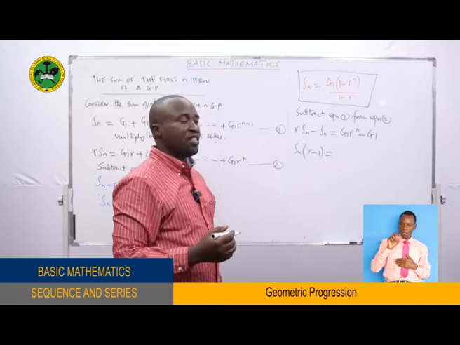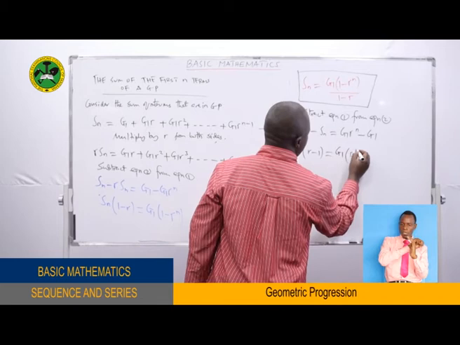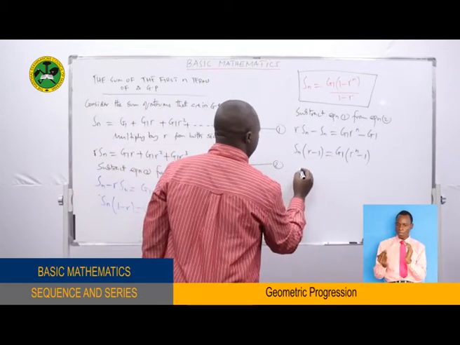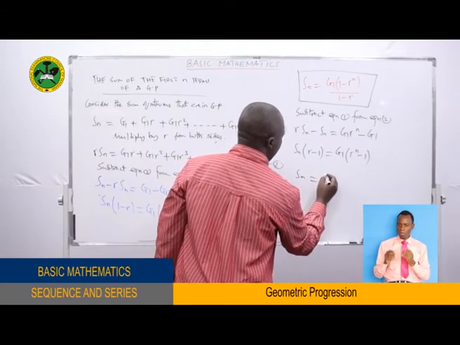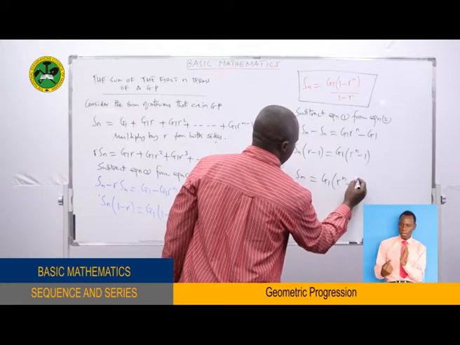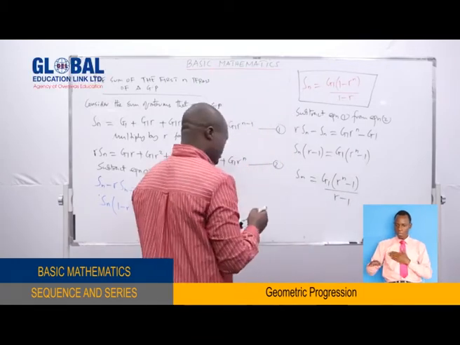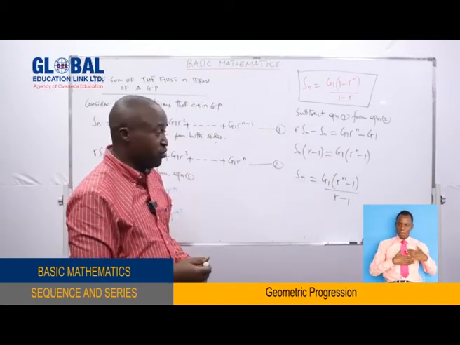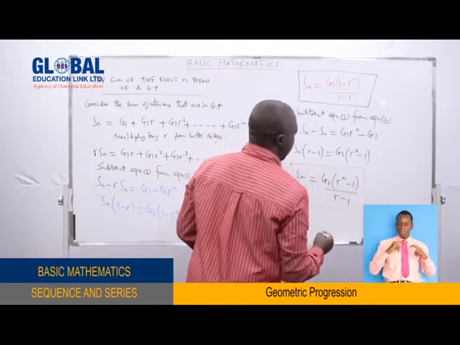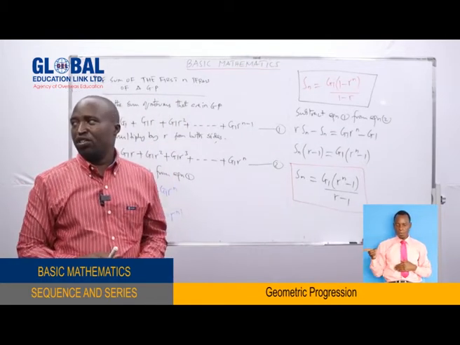On the right hand side, G1 is common, so we have G1 times R power n minus 1. So making S_n the subject, we have S_n is equal to G1 bracket of R power n minus 1 over R minus 1. So dear student, we have the second formula for finding the sum of the terms that are in geometric progression.